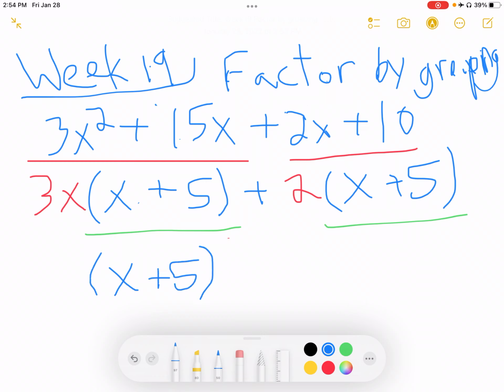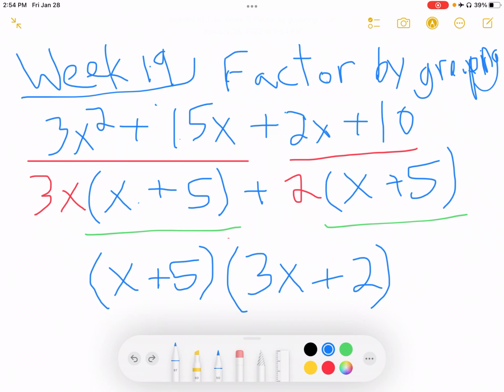So we could factor out the x plus 5, and then for the rest of it, we just would write the other terms that we have, right? So if we had the last two terms, we had 3x plus 2. Okay, so you can see we factored out this green part here, right, is x plus 5. And then we have 3x plus 2 here.